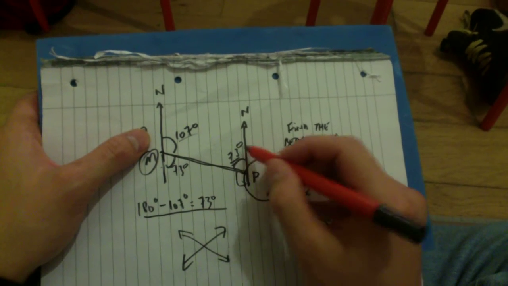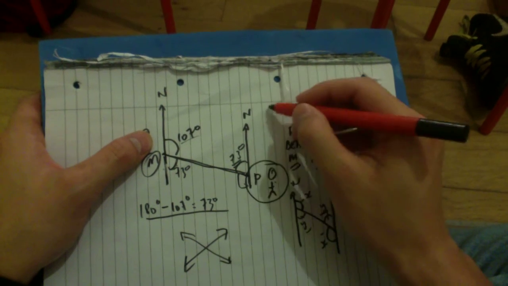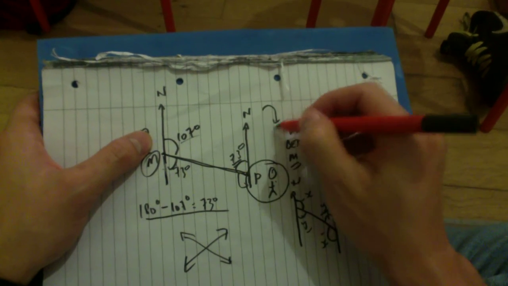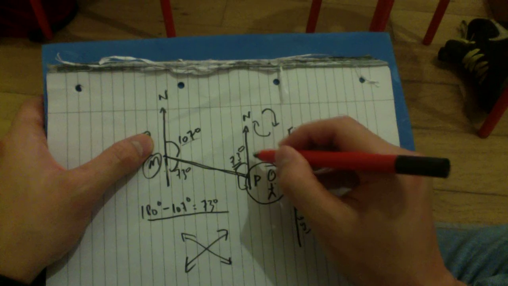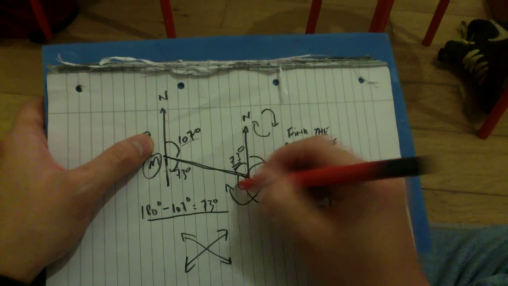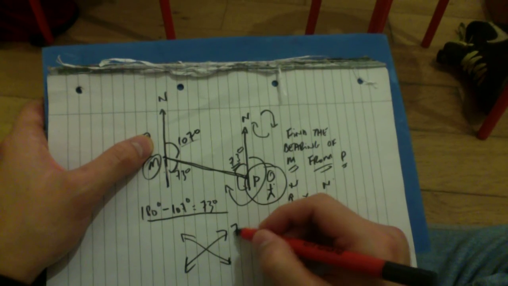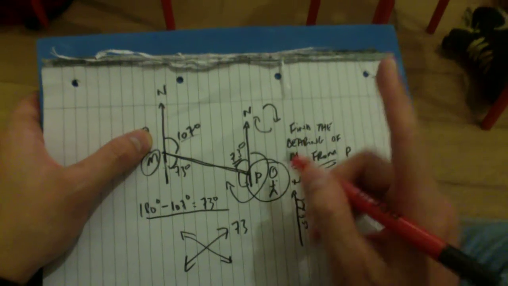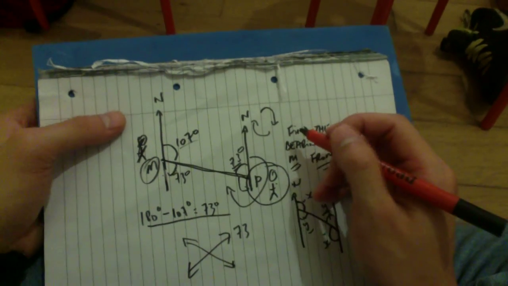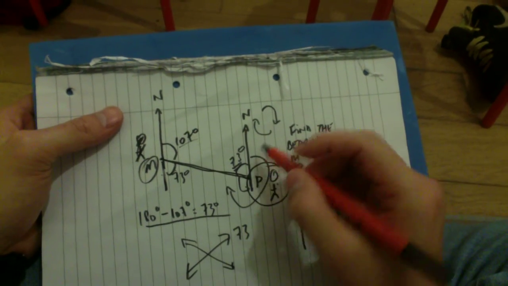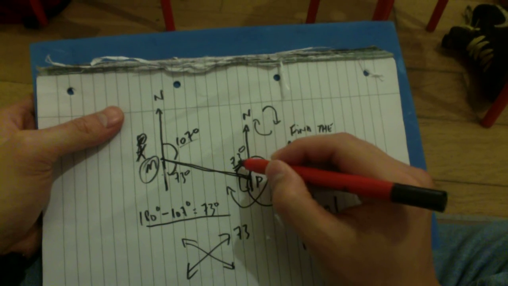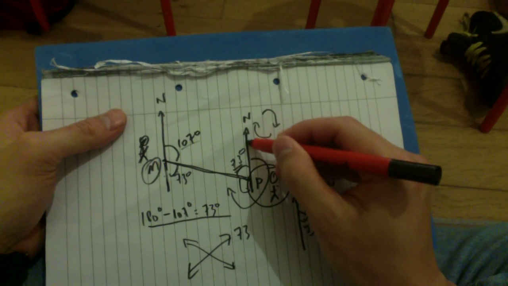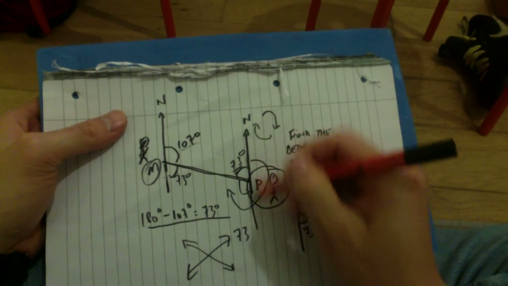Now this is not the answer, because remember I said you have to read your bearing in a clockwise direction, so you need to read it this direction. But 73 is useful because you take 73, and also one more thing as well. Because 73 has been read there, you can no longer read this as a straight line.